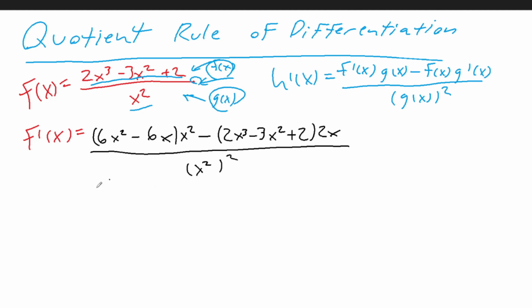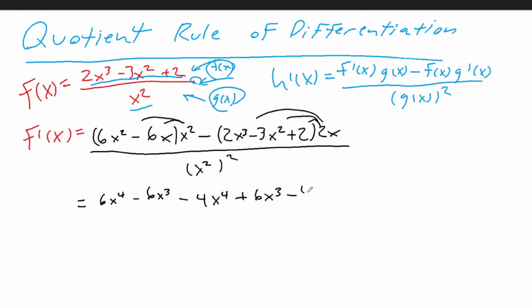So now all we have to do is just start distributing and canceling. If we distribute this x squared to both of these terms, we get 6x to the power of 4 minus 6x to the power of 3. And then if we distribute this 2x to all three of these terms, we get minus 4x to the power of 4, and then plus, because this is negative, so plus 6x to the power of 3, and then minus 4x.